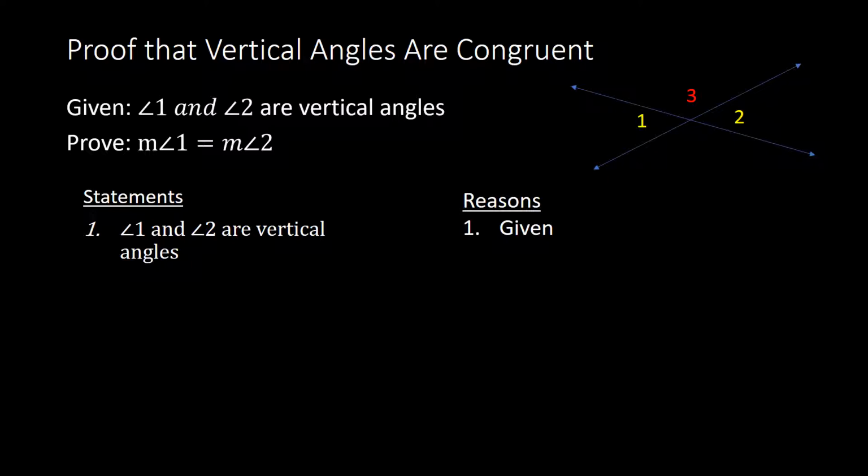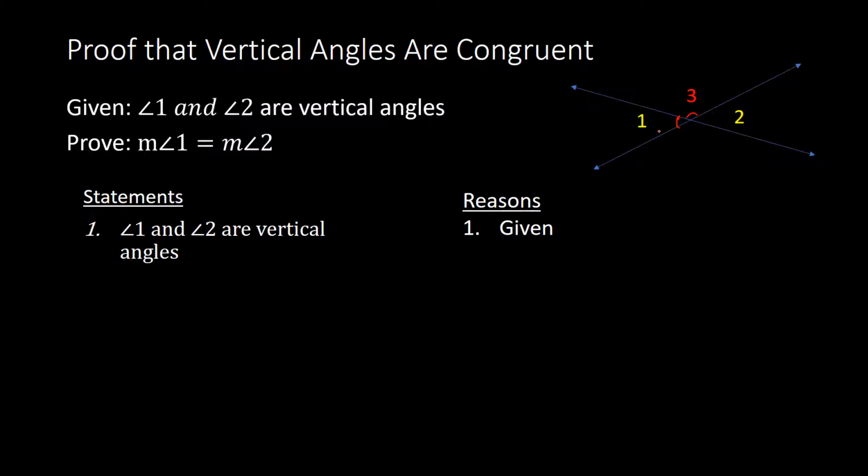I need to somehow link together angle 1 and angle 2. Well, if I use angle 3, I can actually link them together, because if I add up angle 1 along with angle 3, notice how when I put them together, I get the entire line. And a line, by definition, has 180 degrees.